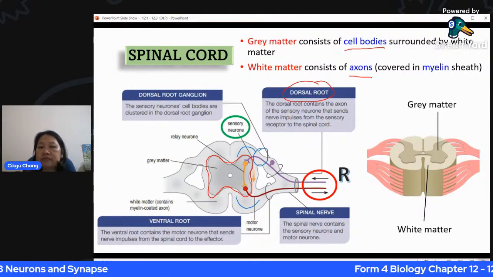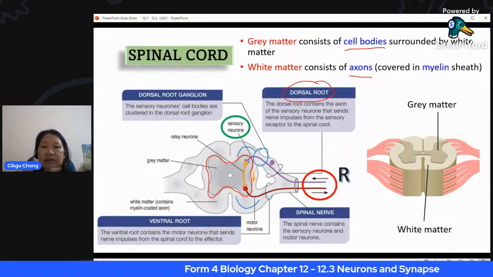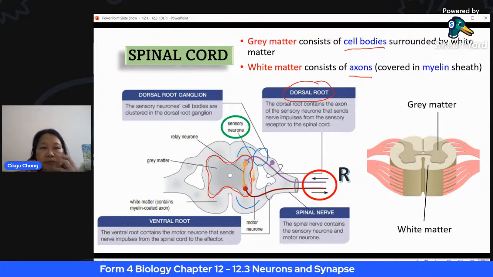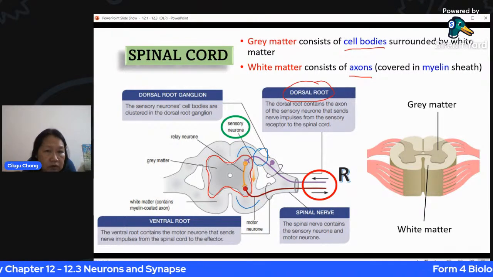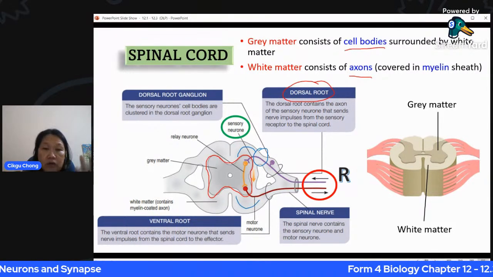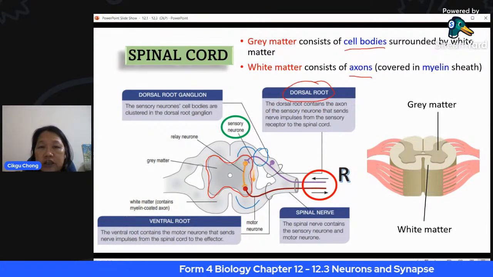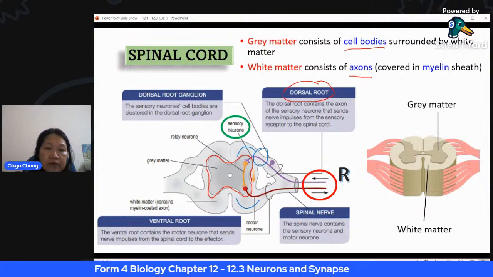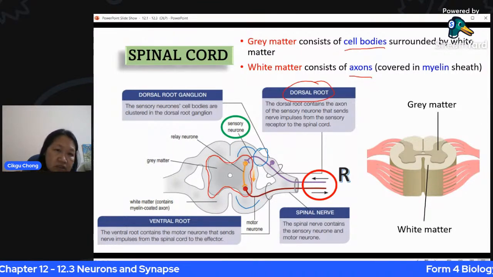Receptors at your fingertips, in your retina, at special cells, they will send the impulse to the spinal cord. This is a reflex action. You touch something hot or something sharp, it comes in from your skin, and that is a sensory neuron.